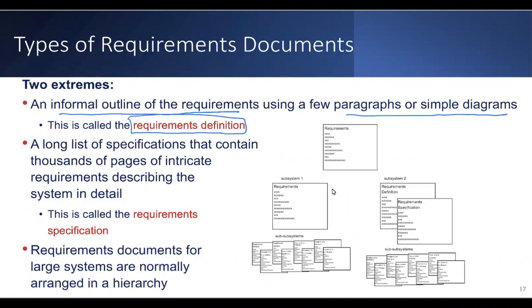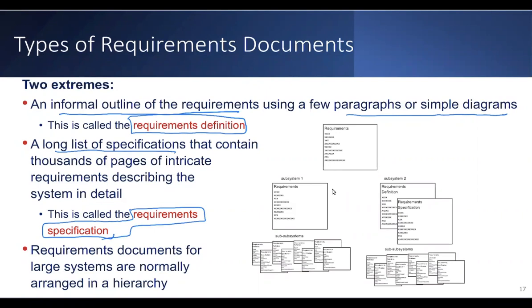And if we actually generate a long list of specifications that contain thousands and thousands of pages that would describe the requirements in detail, this is called requirement specification, which is the final output of the requirement engineering process or the requirement analysis and specification phase in the software development cycle.